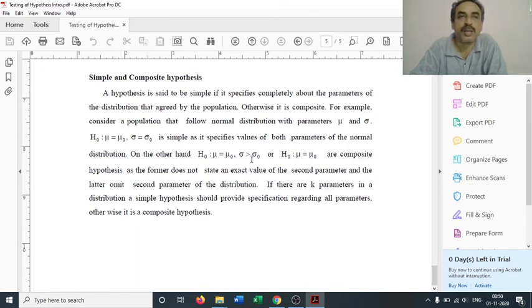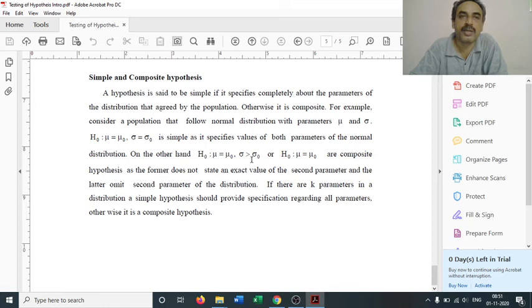In case the population has only one parameter, and that parameter value is completely mentioned in the hypothesis, the hypothesis will be simple. If the population has some k parameters, values of all those k parameters must be mentioned in the hypothesis, then only it becomes simple.